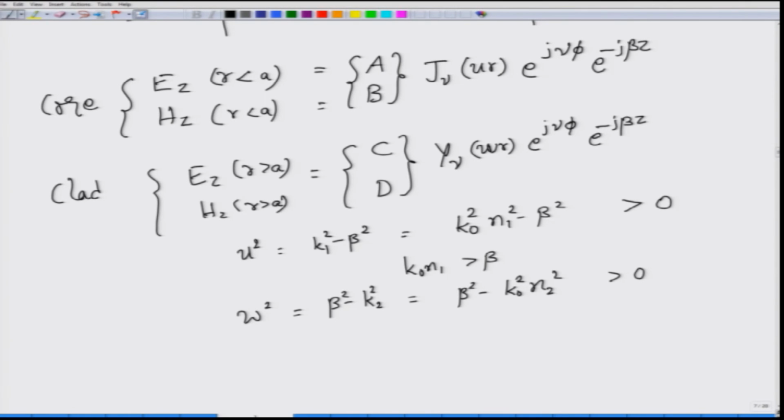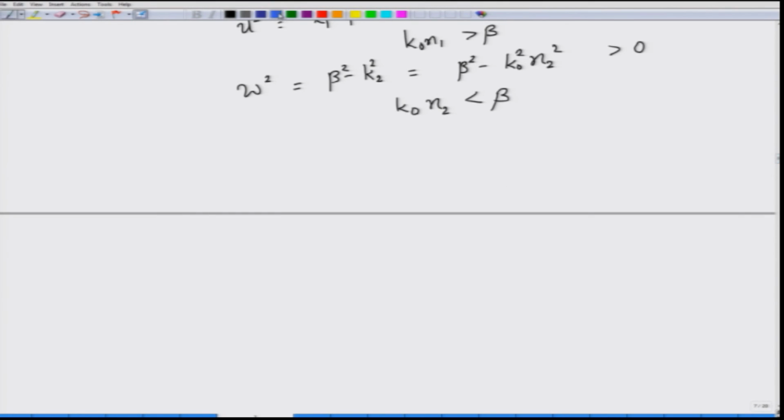So for this reason k0 n2 should be less than beta. So you will see that you actually end up with a range of values for beta. On the lower side you have k0 n2, on the upper side you have k0 n1, and the value of beta will be any discrete value lying between k0 n2 and k0 n1.